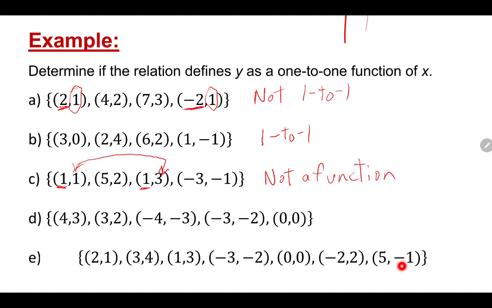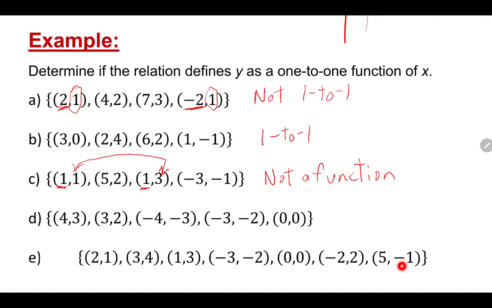So in A, I have two different x's giving me the same output. That can still be a function. That would pass the vertical line test. Here, I have two points on the same vertical line at x is 1. That can't be a function. So that isn't even a function. We go to the next one.